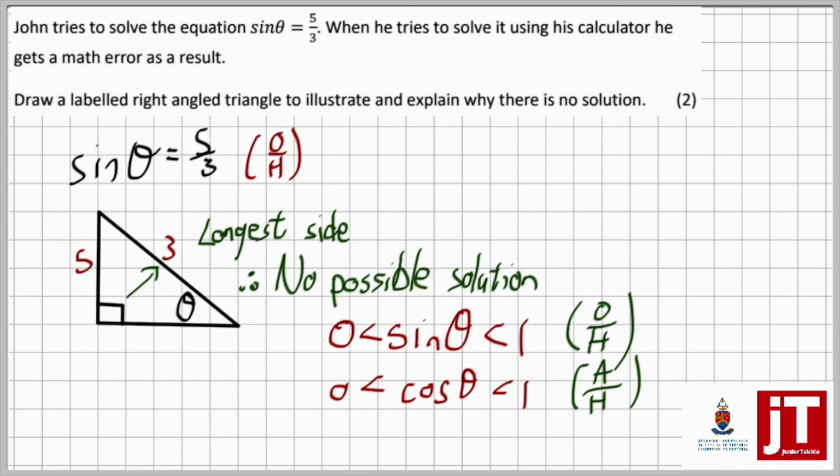So your hypotenuse again must be the longest side. So your fraction has to be smaller than 1. This is some very interesting mathematics. And I love these kind of questions because they bring together your understanding of SOHCAHTOA with angles, with length of sides. Man, I love mathematics.